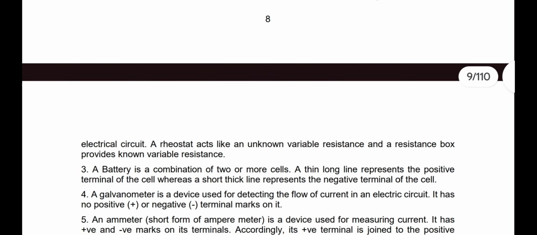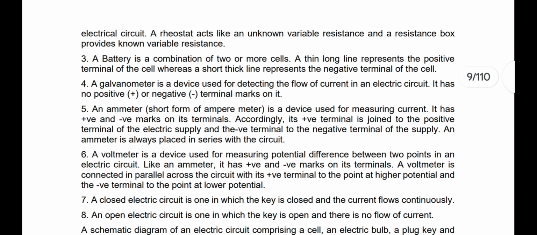Now, point three comes to a battery. We can say that a battery is a combination of two or more cells. One thin long line represents the positive terminal of the cell, whereas the short thick line represents the negative terminal of the cell.